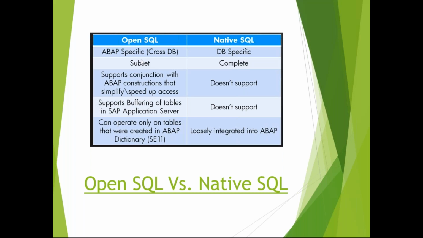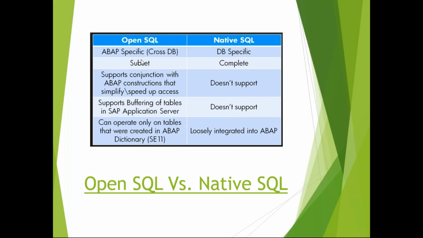It also supports buffering of tables in the SAP application server, but native SQL doesn't support it. So mostly open SQL is much more integrated with the SE11 tables, but native SQL statements are not that compatible with the DDIC tables.